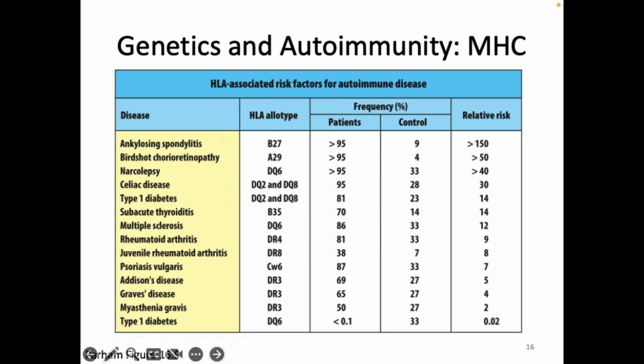Only the people with the right MHC molecule to present that peptide are going to make it. And so usually any particular self-peptide can only be presented by some MHC types and not others.